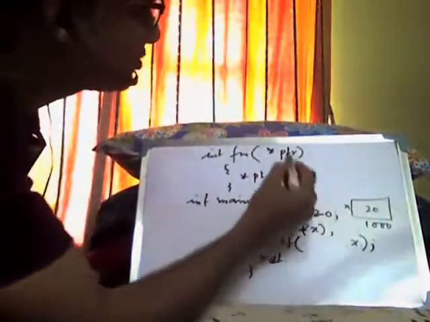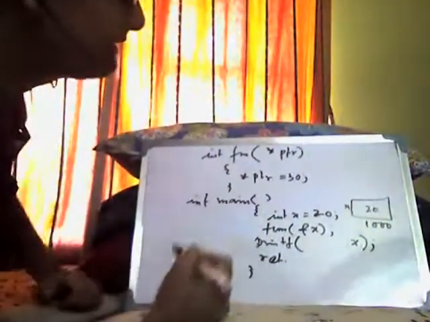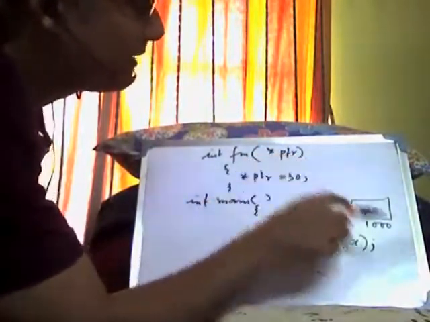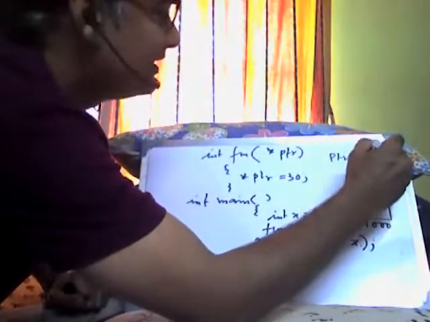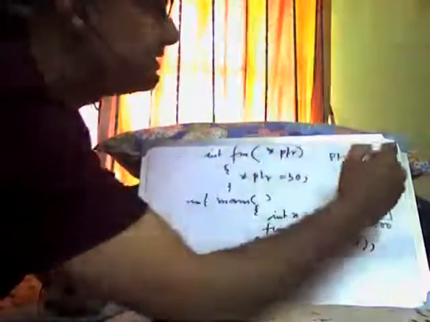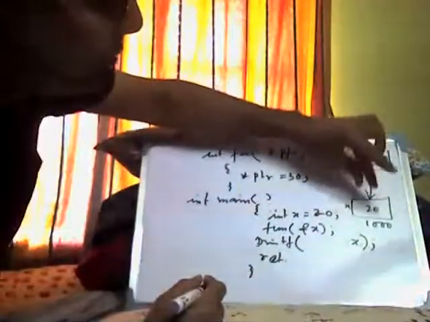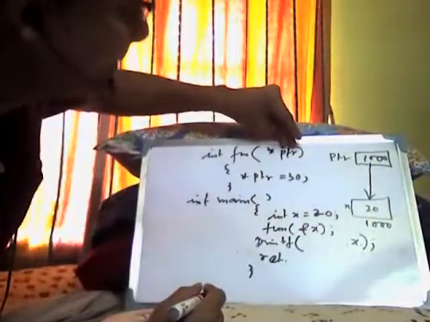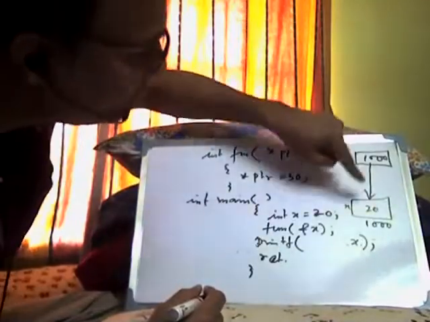This 1000 value will be passed to here. And star pointer means value at address. This ptr is storing the value 1000. Star means this will reflect the value at that address. That is, this address is passed through the formal parameter, so this is pointing to that very location.